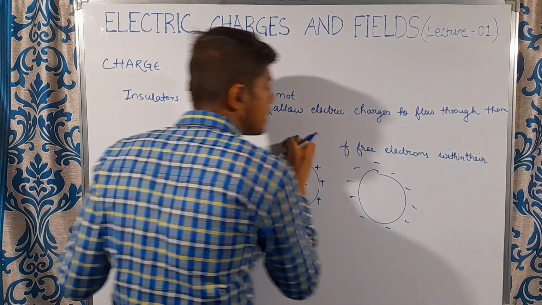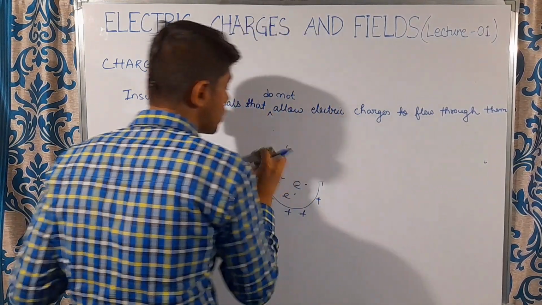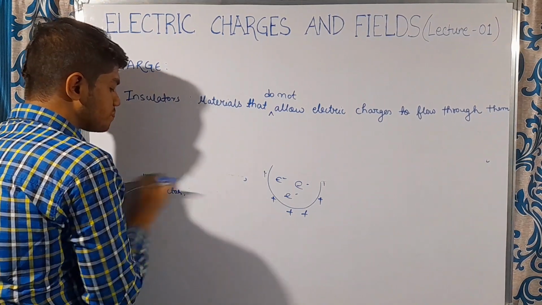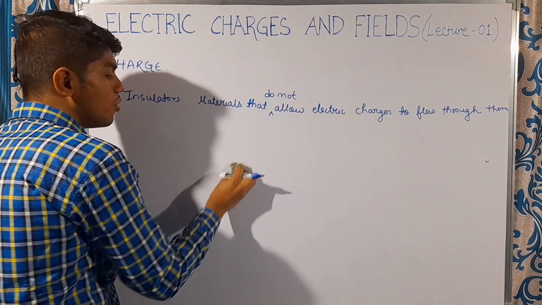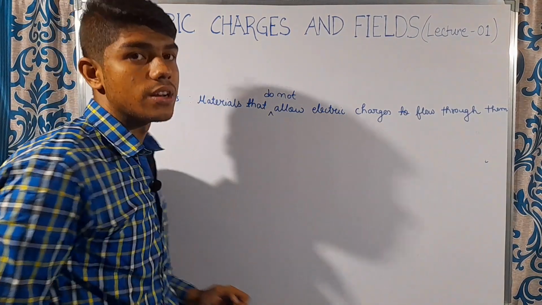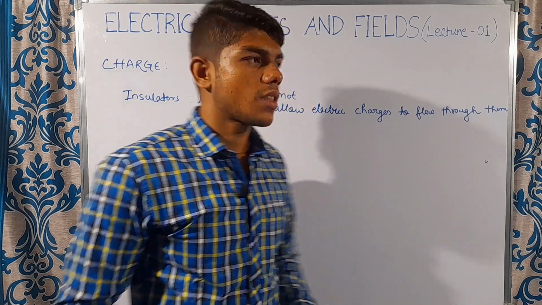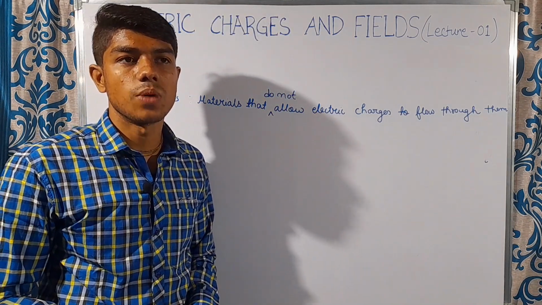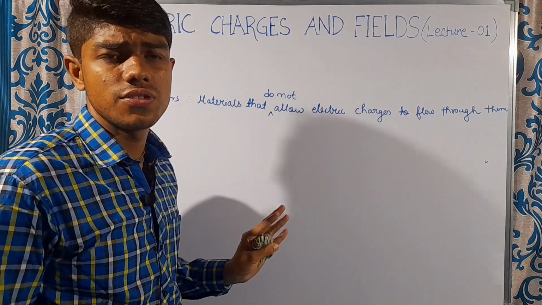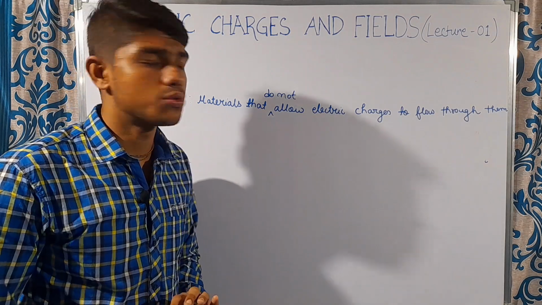Why they don't allow electric charges to flow through them is because they don't have any free electrons. Even the electrons in the outermost shell of an atom in an insulator are tightly bound to the nucleus. They are actually held tightly by the nucleus of the atom. That's why they don't have any free electrons and they do not allow the electric charges to flow through them.